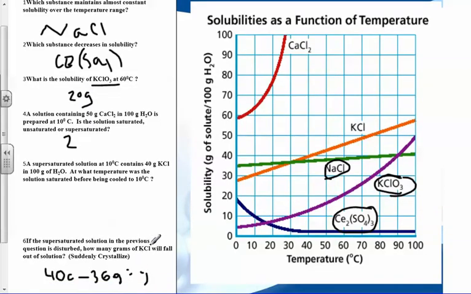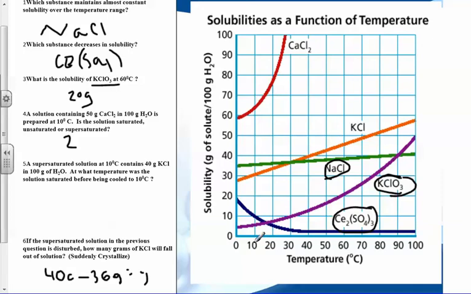Number 4, a solution containing 50 grams of calcium chloride in 100 grams of water is being prepared at 10 degrees Celsius. Is the solution saturated, unsaturated, or supersaturated? So find calcium chloride. It's this red line up here. And then we want to look at our 10 degrees Celsius.